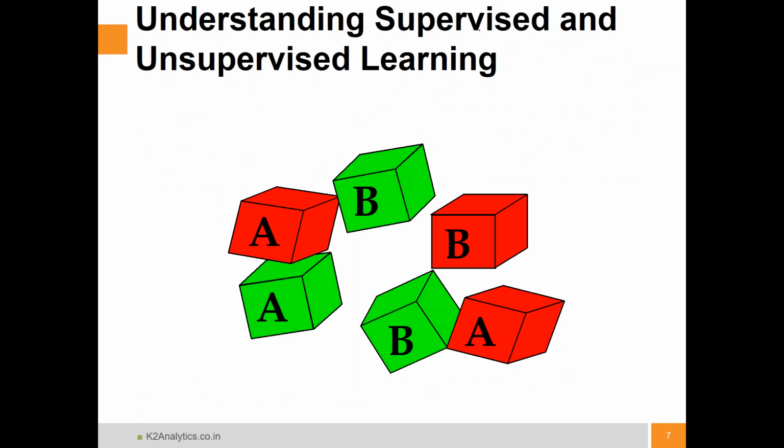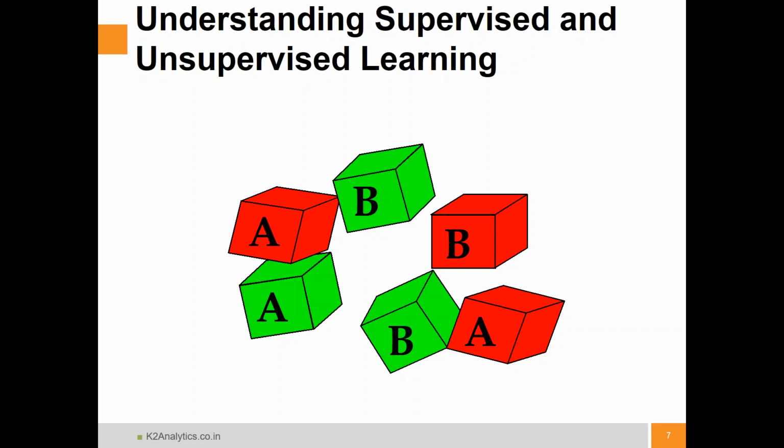Just a quick overview of supervised and unsupervised learning again, so that you remember what these two were. These are a certain set of cubes, and there are two main attributes. One is color and second is alphabet.